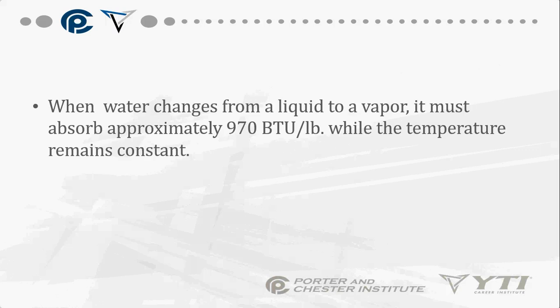Did the surrounding air change while you're heating up this water? No. We're adding heat to it. And when we're adding heat to that substance, we are changing its molecular structure. That's that latent heat that we're talking about.